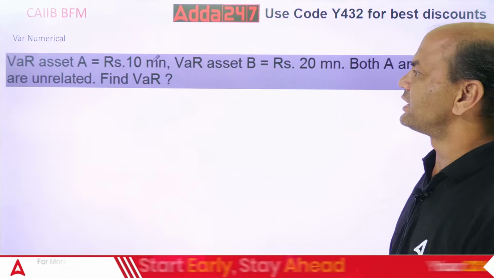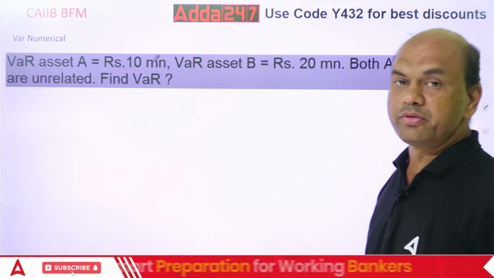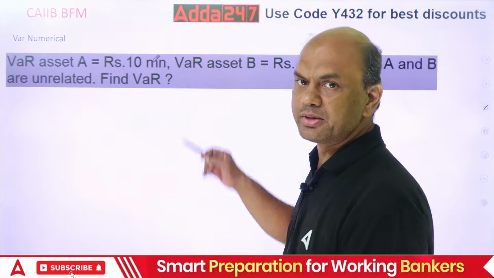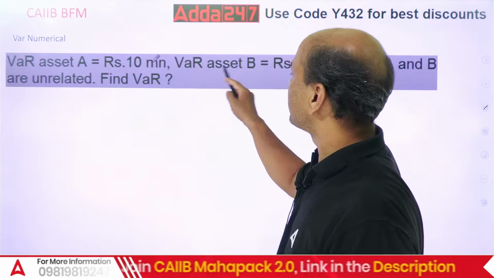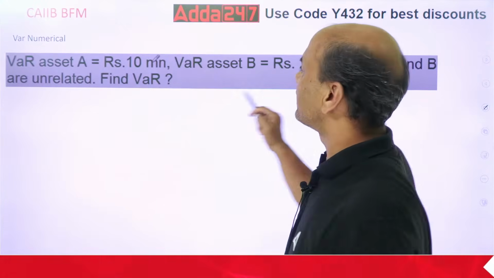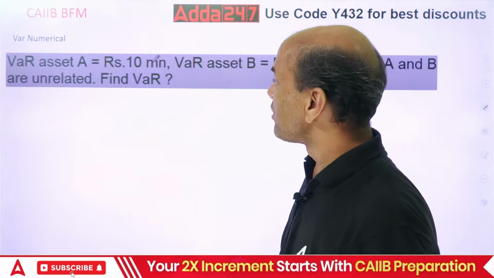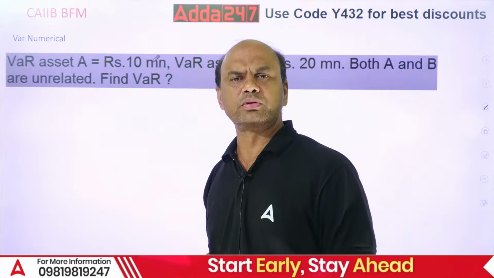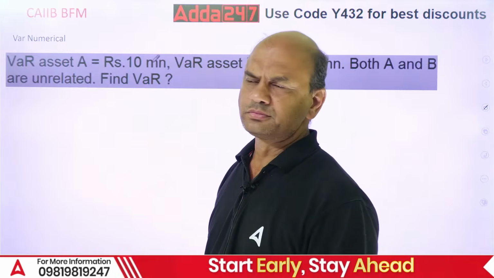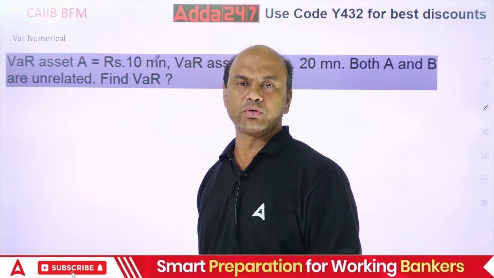VAR of an asset A is 10 million. VAR of an asset B is 20 million. Both A and B are unrelated. Find the combined VAR. So now you want the combined VAR of both. The formula for this is A plus B the whole square.